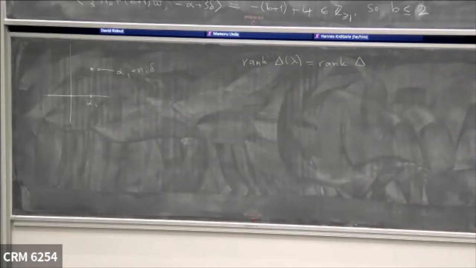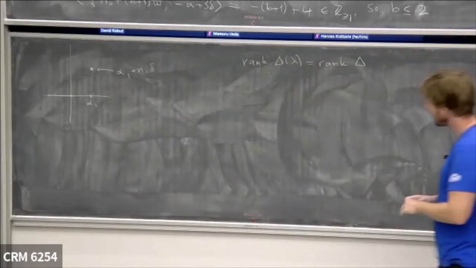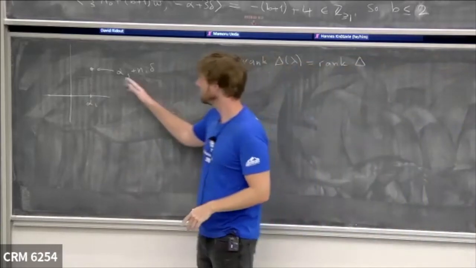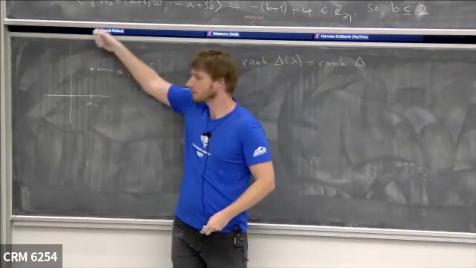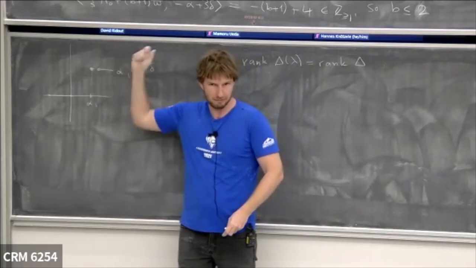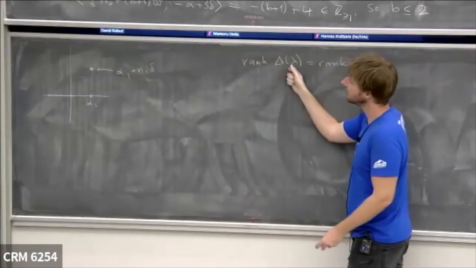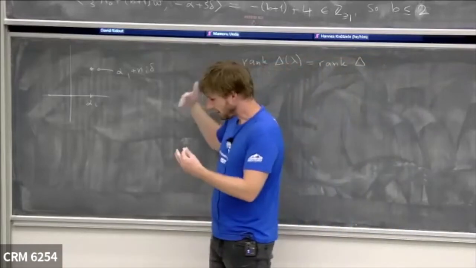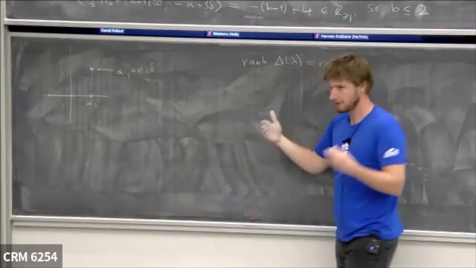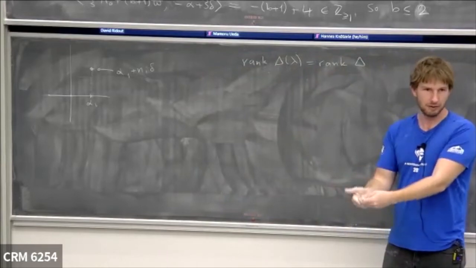So if any one of the simple roots was missing from this, so suppose for one of the simple roots, nothing above it anywhere lay in delta lambda, then you'd know that the rank of delta lambda had to be at least 1 less than the rank of delta.